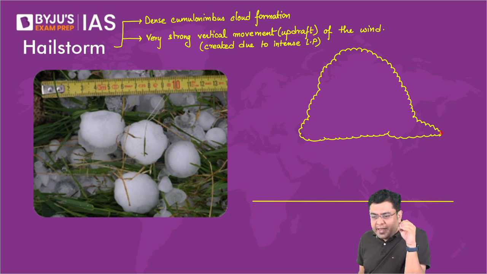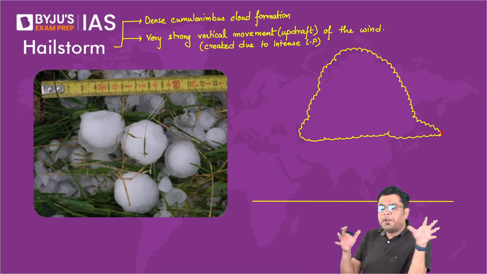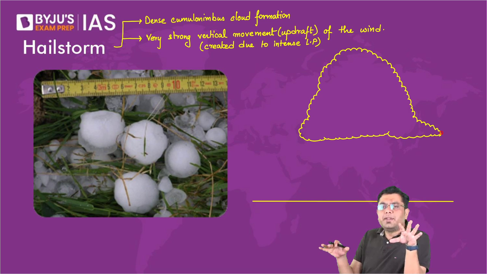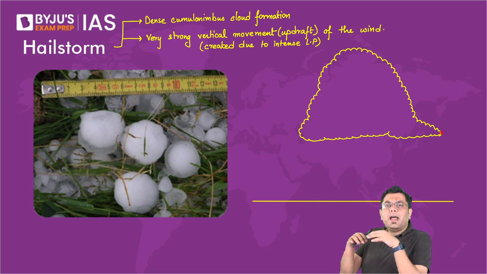Artificial seeding of cloud, or cloud seeding, is when, see, for formation of cloud, you need condensation nuclei. Why is it that condensation nuclei is required for the condensation to happen? Sometimes when you don't have enough condensation nuclei in an area, with the help of an airplane or an artificial measure, you spray some amount of particles such as silver iodide, and that allows the condensation to happen.